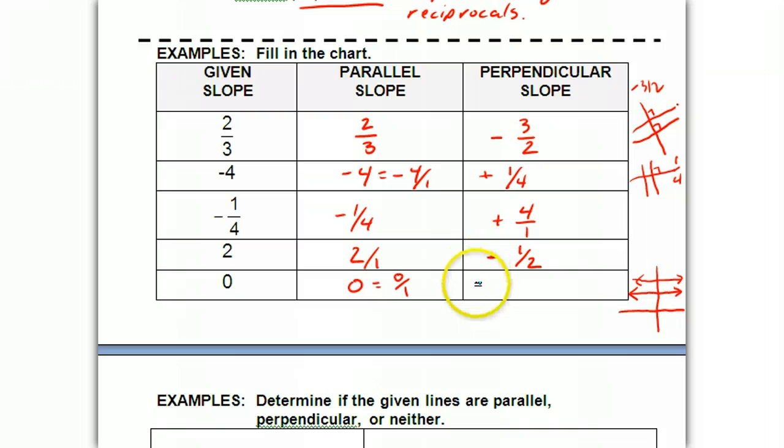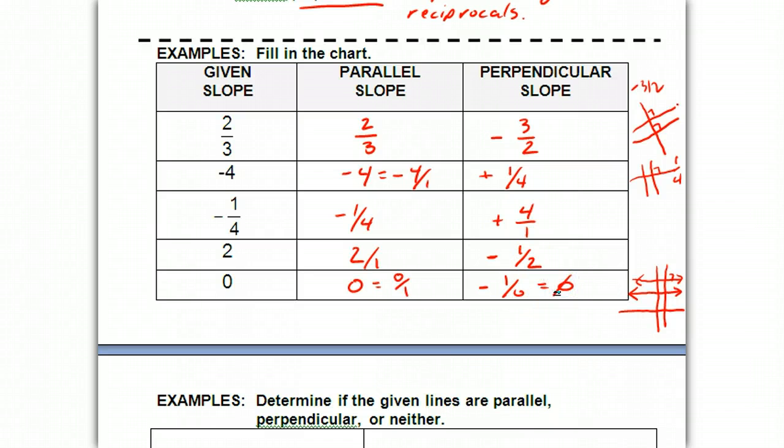Okay, so if I take the negative reciprocal of this, looks kind of weird. -1/0. But we know we can't have 0 in a denominator, and this is just going to give me what's perpendicular to that is just going to be a vertical line. So what are the slopes of our vertical lines? Well, we know what it is. They're undefined.